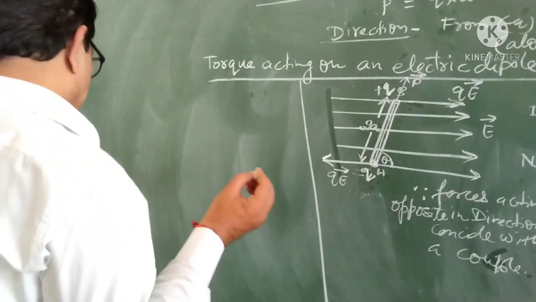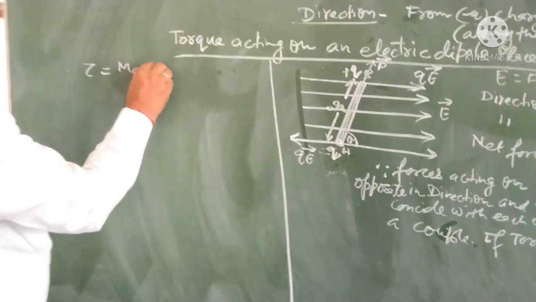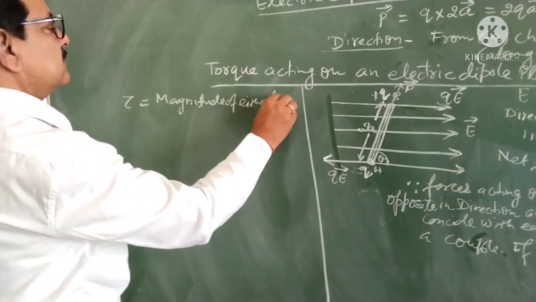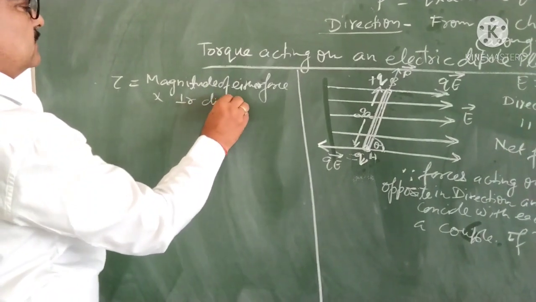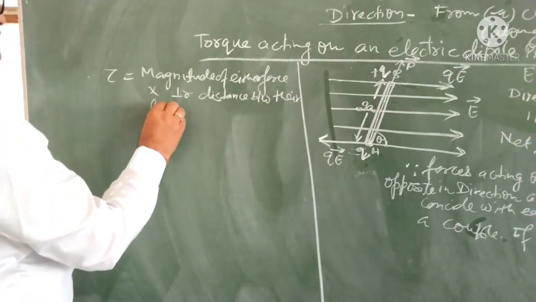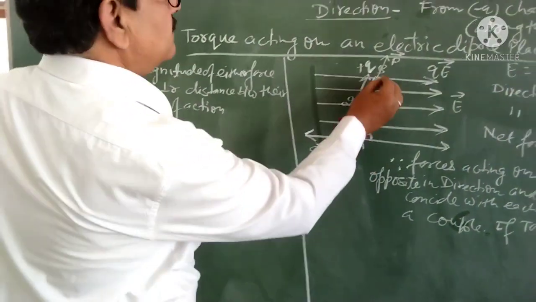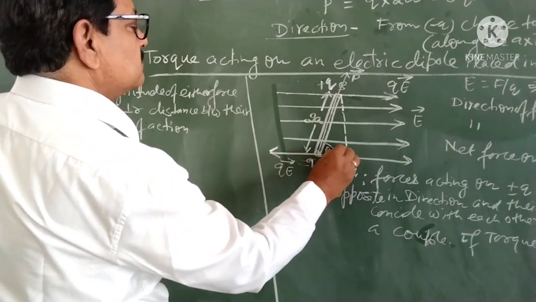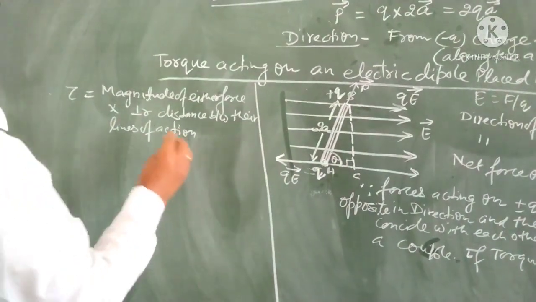See here, this torque tau, its magnitude is equal to the magnitude of either force into the perpendicular distance between their lines of action. So draw perpendicular here, BC, from B to C. You can write here C. This is perpendicular. BC is the perpendicular distance between lines of action.